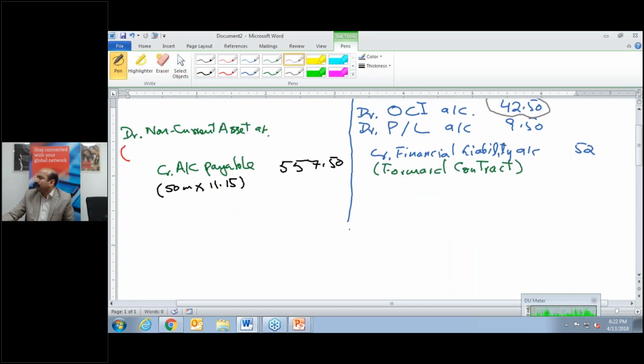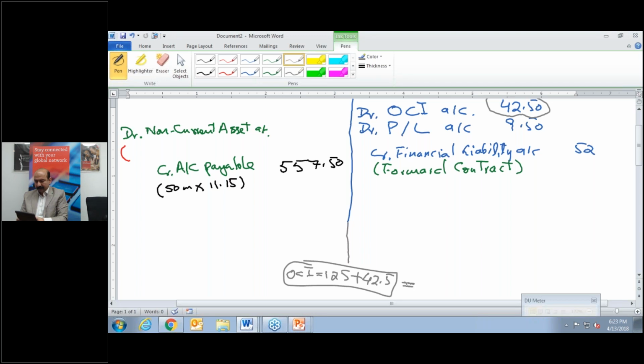So the total amount debited to the OCI is 125 plus 42.5, 167.5.